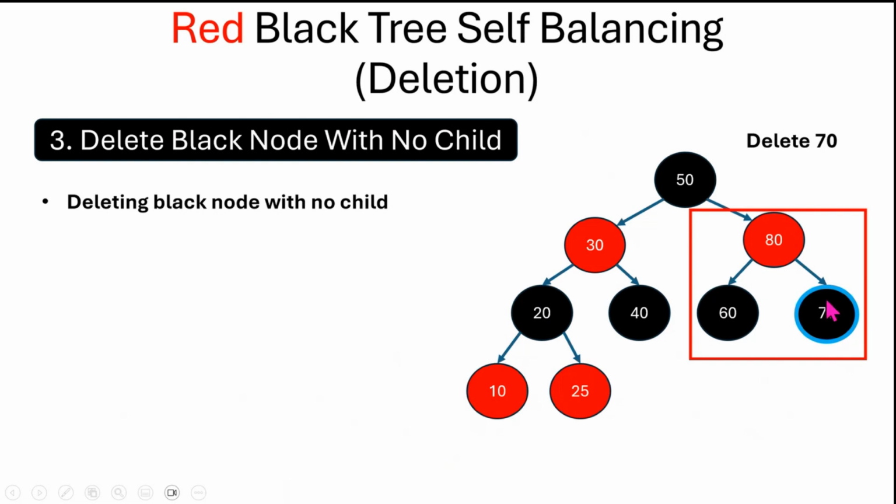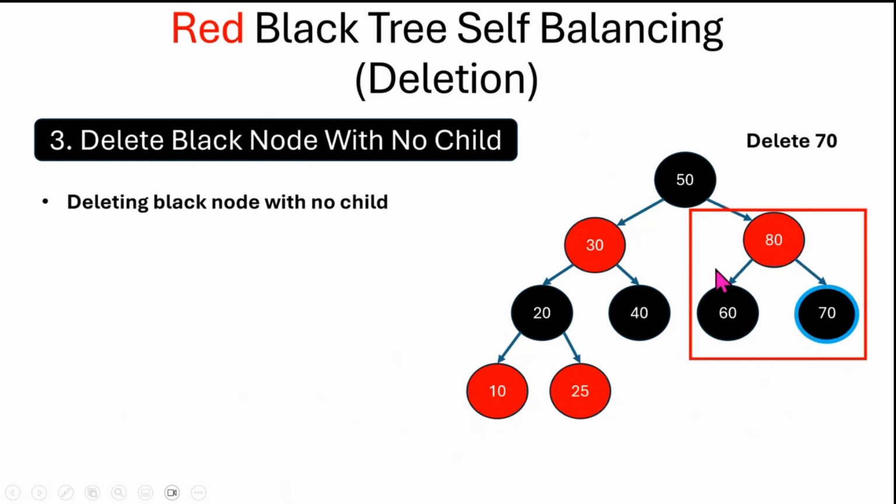Here there is no extra node. Here it is null. So whenever the black node is replaced by either a black null or another black node, it is called a double black condition in the red black tree deletion process, right? So now if we delete 70, it will be replaced by null, which is again black. So it is nothing but the double black condition.